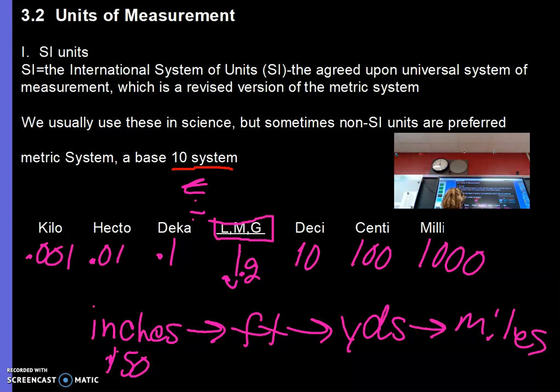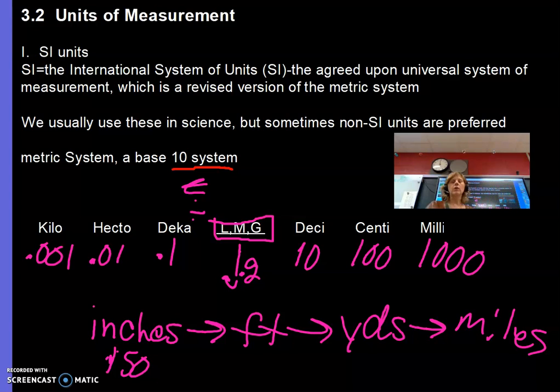If there's 150 inches, how many yards is that? Same thing. There's 36 inches in a yard, and so forth. Most of you probably know how many feet are in a mile.